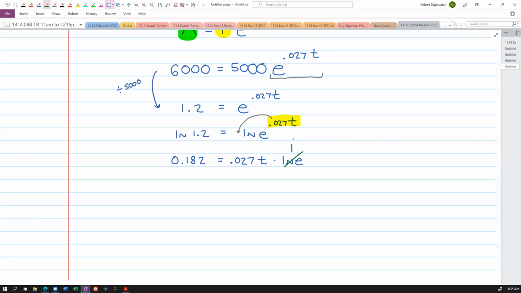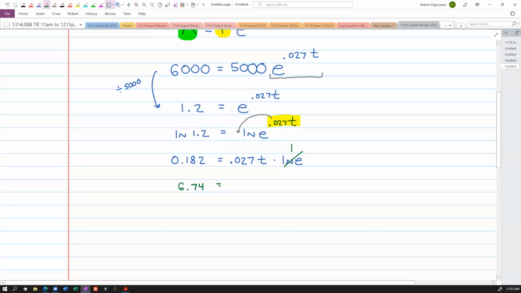One more step. What do we do? Divide both sides by 0.027, right? So you should get 6.74 approximately is t. Here I divided both sides by 0.027.